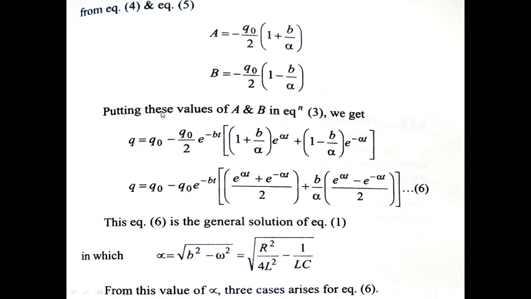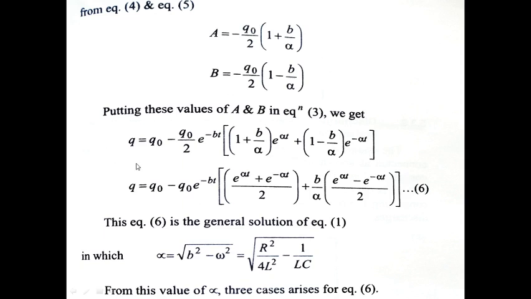So if we use these values of A and B in above equation, then we get Q is equal to Q0 minus Q0 by 2 into exponent of minus Bt in bracket 1 plus B by alpha e raised to the power alpha t plus in bracket 1 minus B by alpha into e raised to the power minus alpha t.